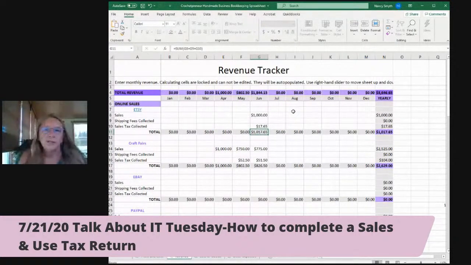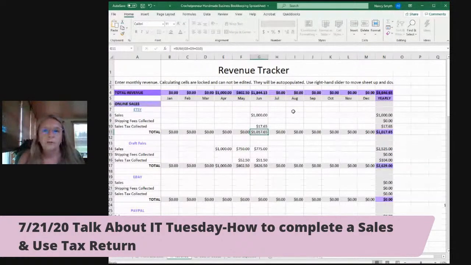Sales and use tax is just the amount of money that you make from what your primary business is all about. So here, I'm a handmade business owner. I sell finished handmade items.